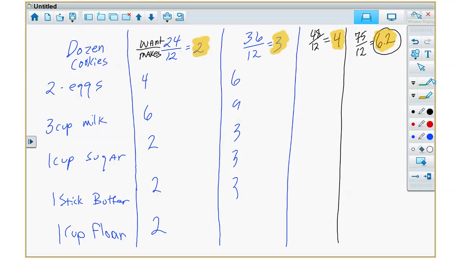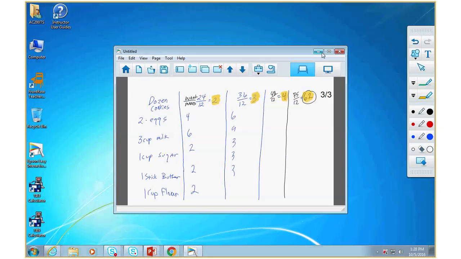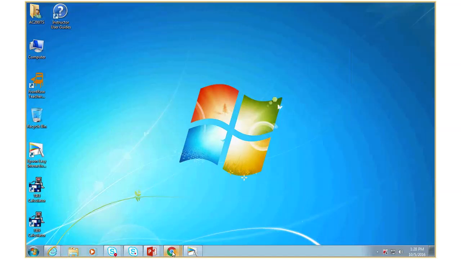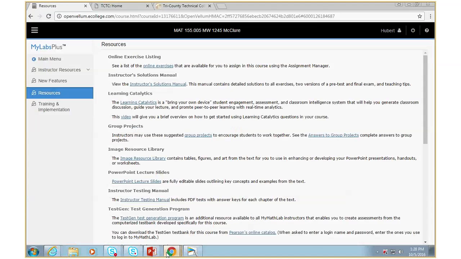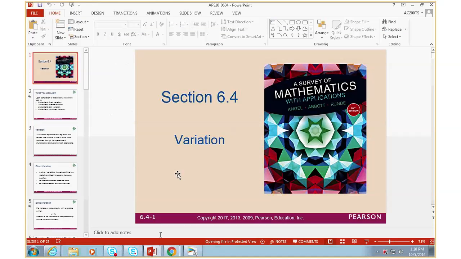Now, the reason I show you this is because in this section, which is 6.4, we're going to be studying variation.